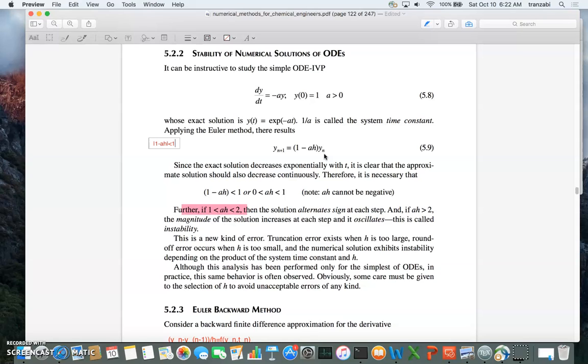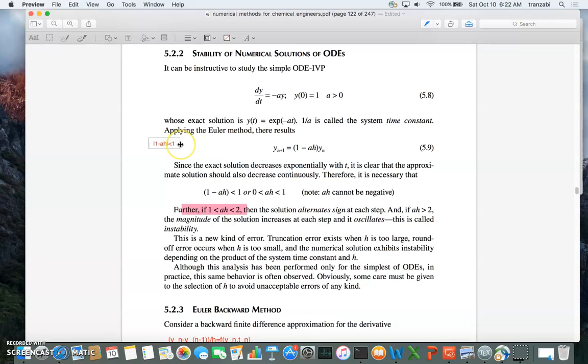So that means y1 is bigger than y0, y2 is bigger than y1, y3 is bigger than y2, and so forth. So that means our y is going to increase, and that is in contrast to the exact solution where y decreases. Okay, so this is the condition.